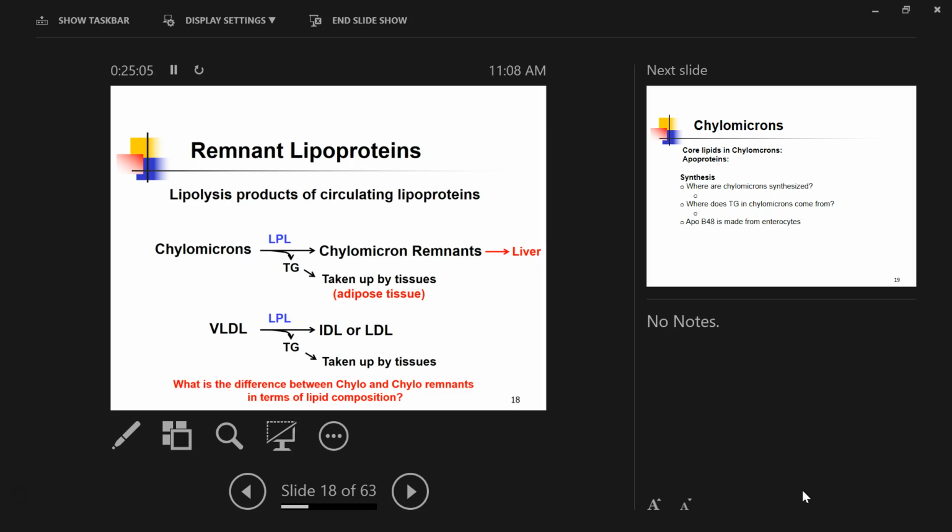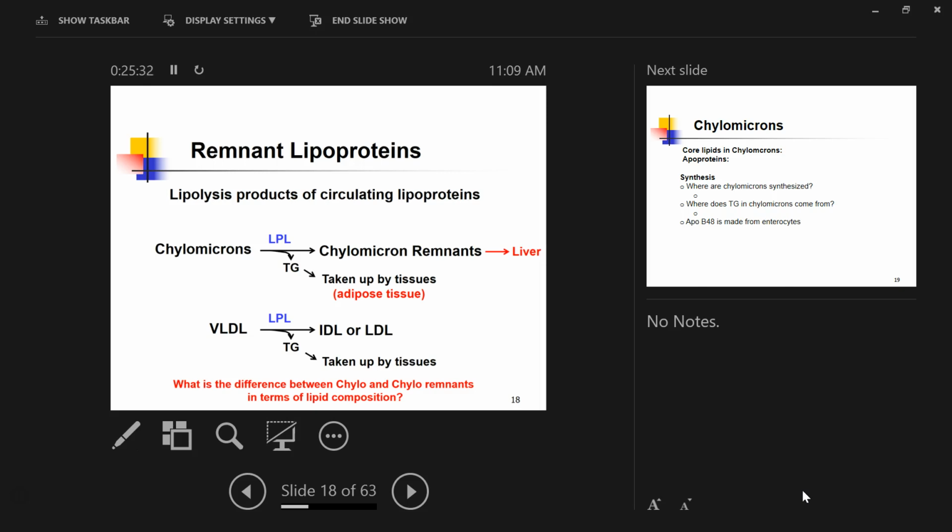Okay, so here's a question. What is the difference between chylomicron and chylomicron remnant in terms of lipid composition in the core? You know, like a volume or percentage of triglyceride. Right, the change is the composition of triglyceride, right?